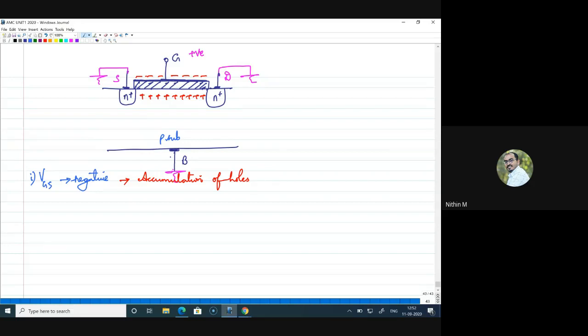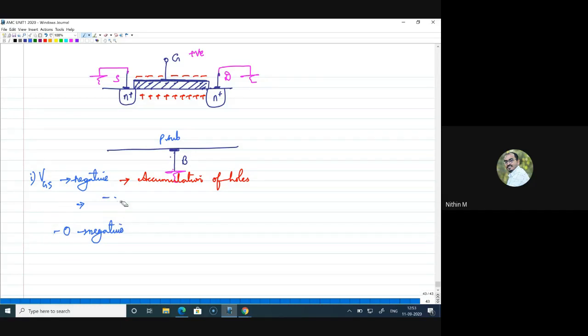Now when you say VGS is negative, what is the meaning? VG minus VS is a negative voltage. If your VS is 0, your VG has to be a negative voltage, and only then will you get a negative result. I hope this is clear.